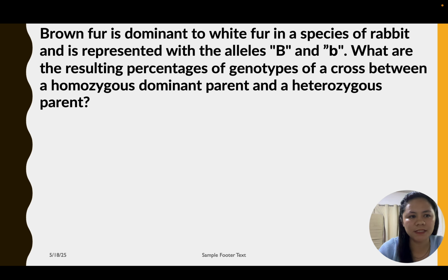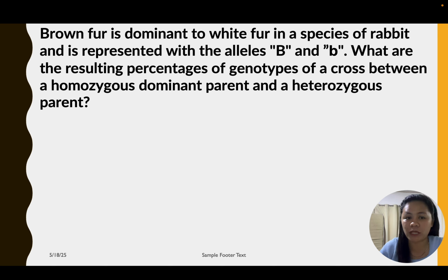Okay, next question. Brown fur is dominant to white fur in a species of rabbit. And yung alleles na ginamit natin is big letter B, representing the brown, and of course, the small letter b for the white fur naman. So, what are the resulting percentages of genotypes?